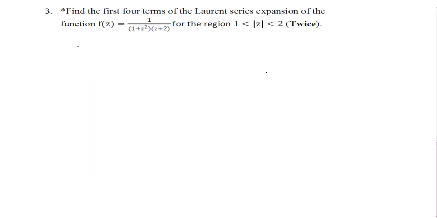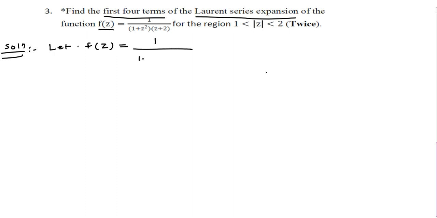So now in problem 3, we need to find the first 4 terms of the Laurent series expansion of the function f of z. So now here, let us consider the given function f of z is equal to 1 upon (1 plus z square) and (z plus 2).